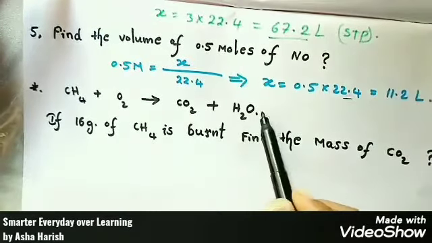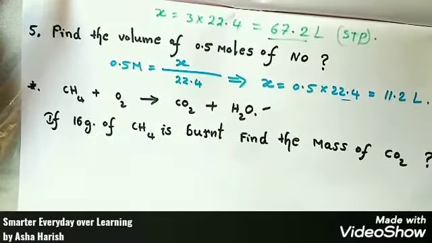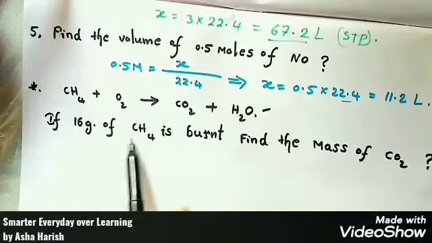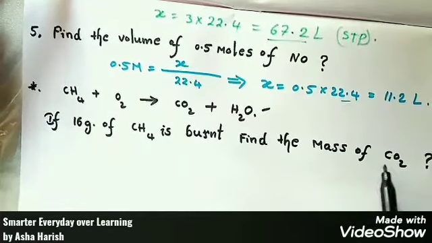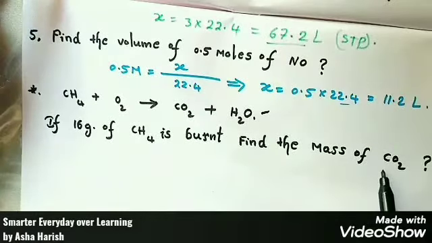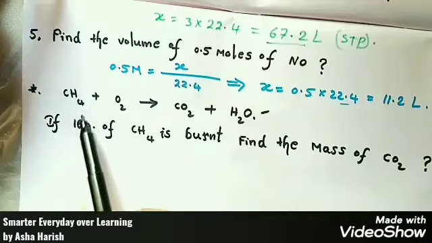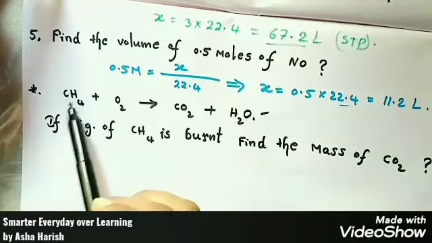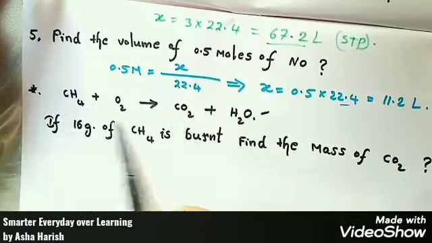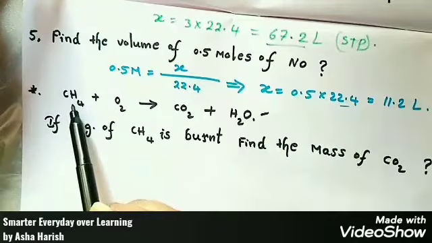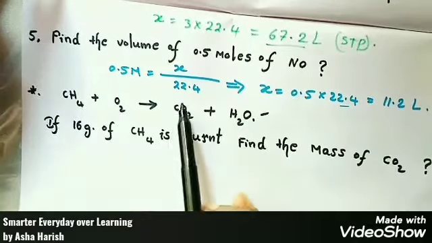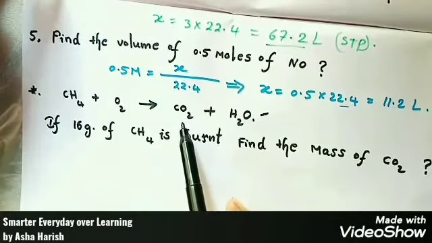Based on this equation, they have asked one question: if 16 grams of methane is burnt, find the mass of CO2. Here they have given how much methane is burnt, and if methane is 16 grams, we have to find how much the mass of CO2 will be.